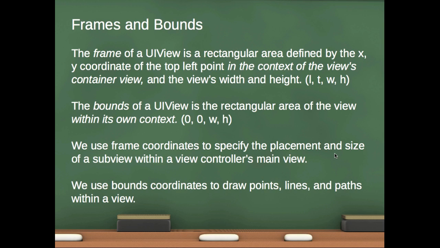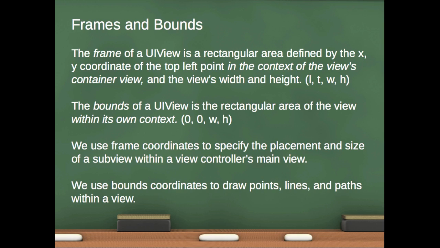And this is the frame. The bounds of a UIView is the rectangular area of the view within its own context. So if you think about that for a moment, the top left corner of the bounds of a view will always be 0, 0, whereas the top left corner of the frame of the view will be wherever that point is within its parent or containing view's coordinate system.